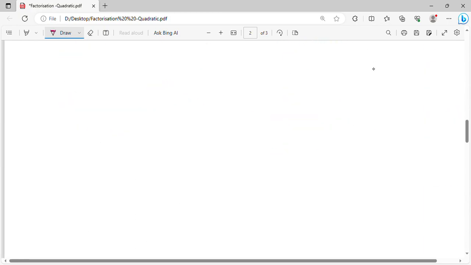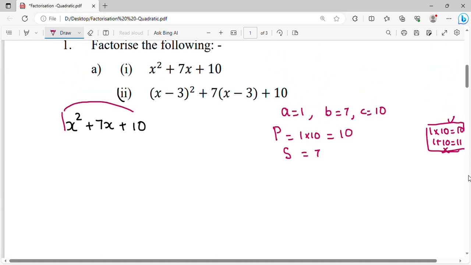So I am going to think of another set of factors, which is going to be 5 and 2. So yes, 5 times 2 becomes 10 and 5 plus 2 is nothing but 7. Alright, so my two factors are 5 and 2.